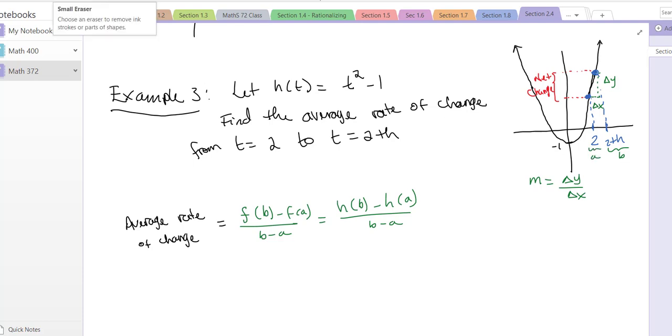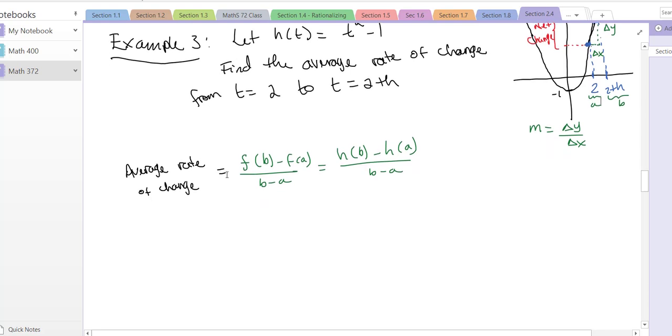So plugging it in, this becomes h of 2 plus h. Oh, I just realized this is a bad name for this function. Minus h of 2 all over b minus a.